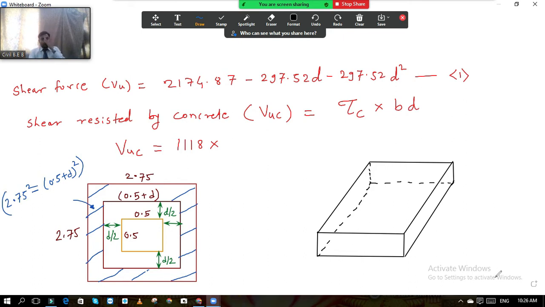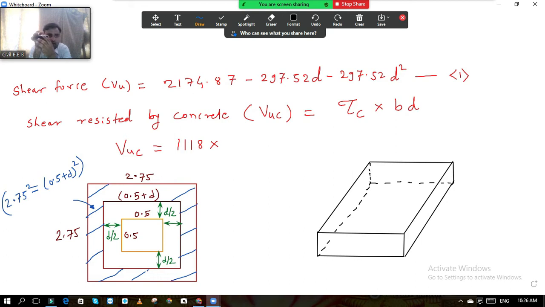Okay, so now if you see which is the area, if this punches through this footing, see, this is your footing. Suppose this is your punching area, this mouse is your punching area, and if it punches through the footing, which area will come into contact? The area of the footing that will come into contact will be this area, on this side.